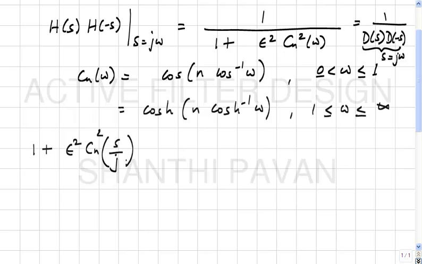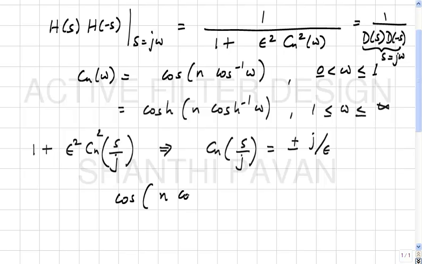So let's go through the mechanics. This basically means that Cn of s by j is plus minus j by epsilon, okay, and Cn is nothing but cos of n cos inverse of s by j is plus minus j by epsilon.